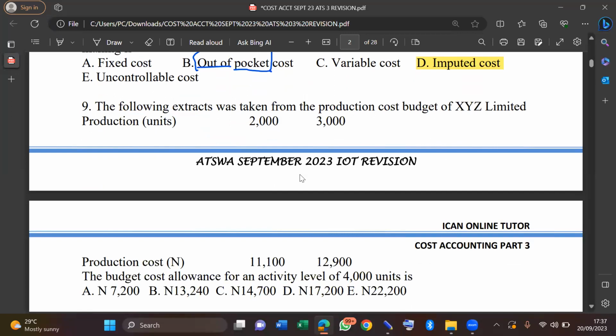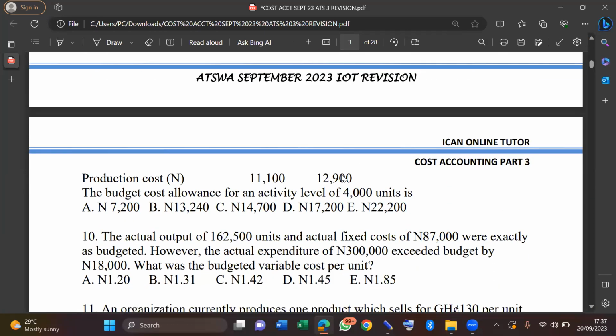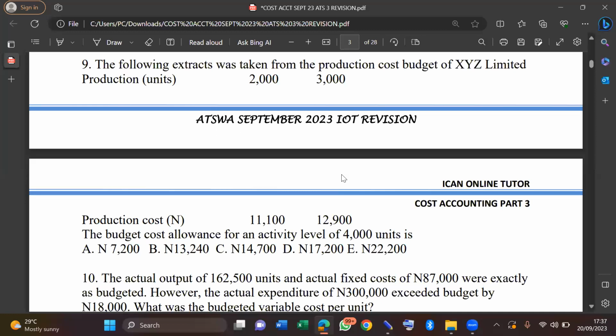Question 9. The following extract was taken from the production cost budget of XYZ Limited. Production units, 2,000 and 3,000 respectively. Production cost, 11,100 and 12,900 respectively. The budget cost allowance for an activity level of 4,000 units will be what?